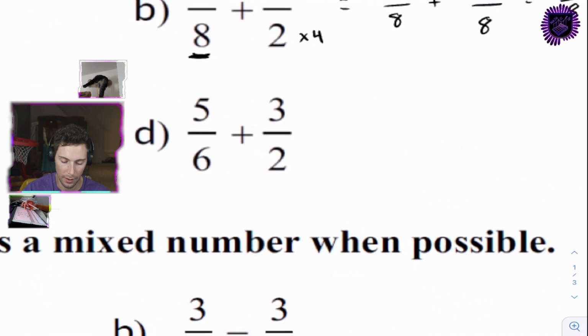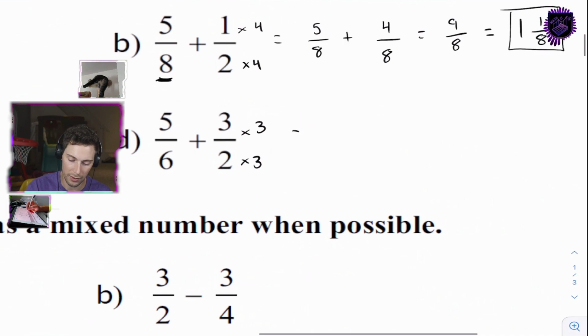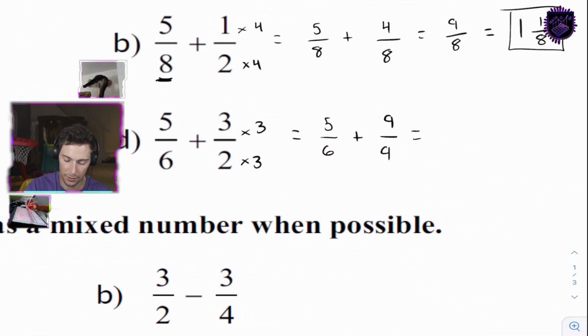Okay. Another one of these. Just have to work with one side because the lowest common multiple is 6. So we just need to multiply this by 3, this by 3, and that's going to get us to an equivalent fraction. 5/6 plus 9/6 is going to be equal to 14/6.